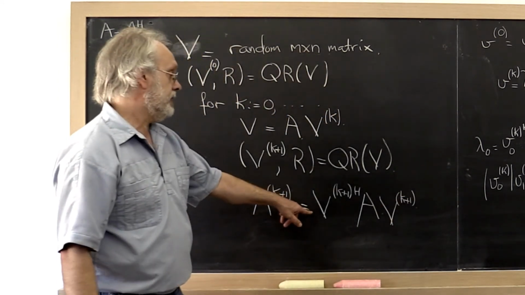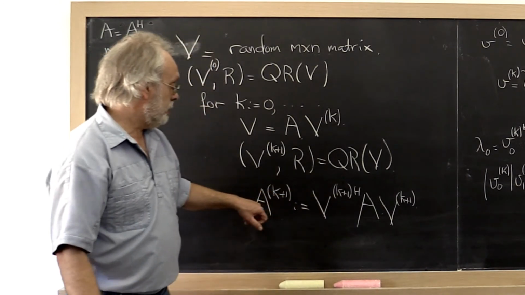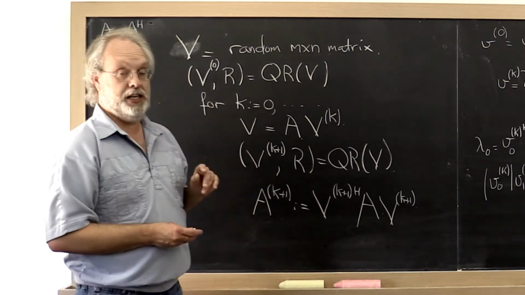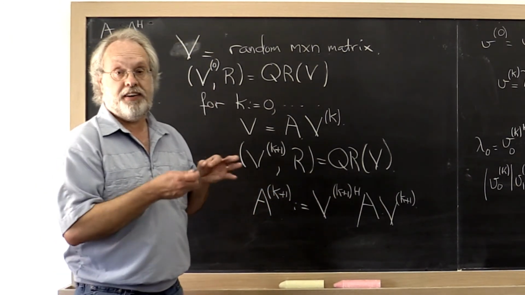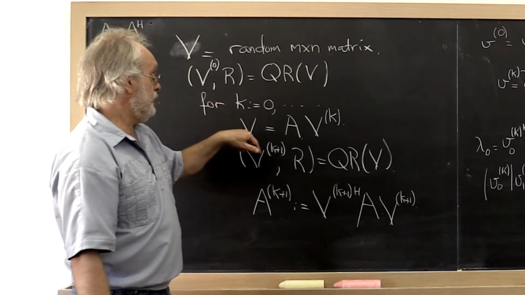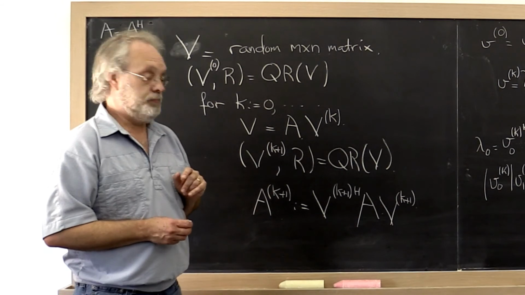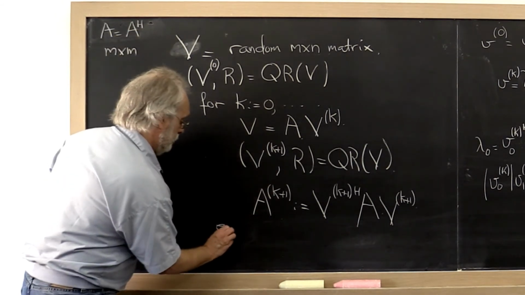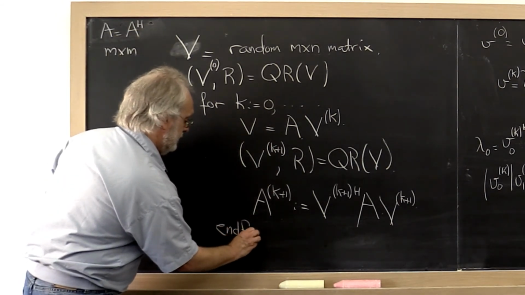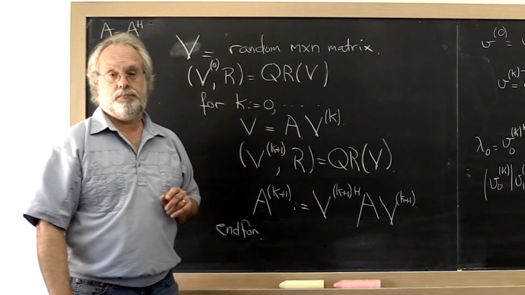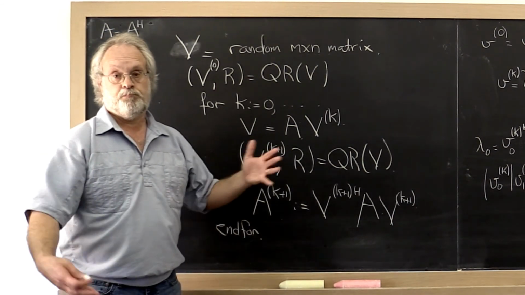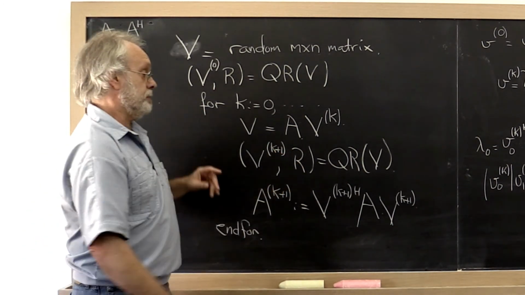What we would expect is that this would eventually become a diagonal matrix, where we can find the eigenvalues associated with these eigenvectors on its diagonal. All right? And now we have a more general subspace iteration.